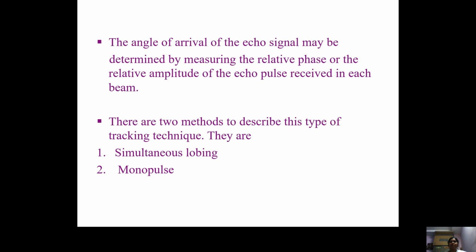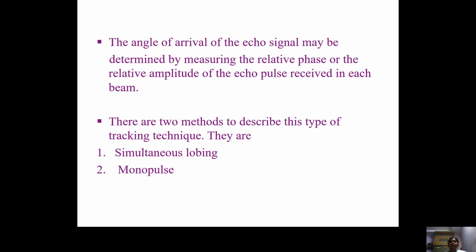Whenever the transmitter signal is transmitted using these two antenna beams, at the receiver we receive the echo signal, which contains some difference of the two antenna beams we transmitted. Here the relative amplitude or the relative phase of the received echo signal is detected for the angle error.